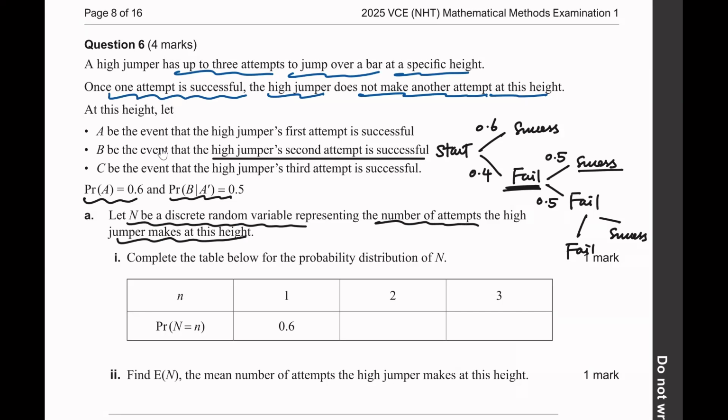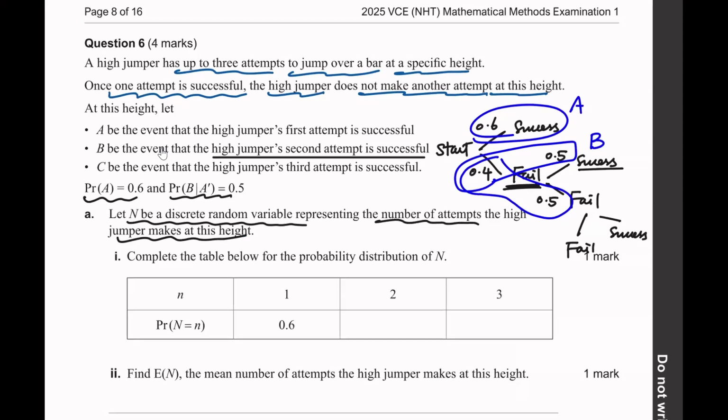So you could say this bit is A, and this branch and this branch altogether, it's B, okay? Success or failure. Actually, sorry. B should just be this case, because if you fail the second time, you can still go for another attempt, okay?